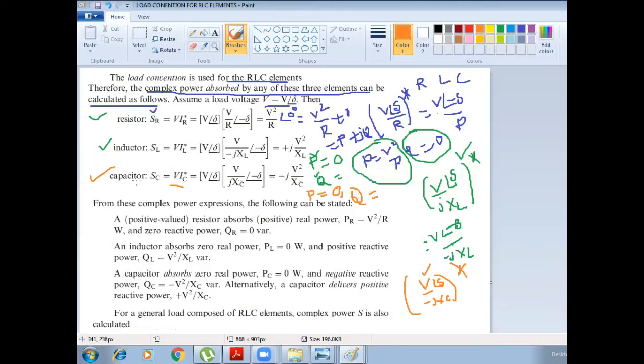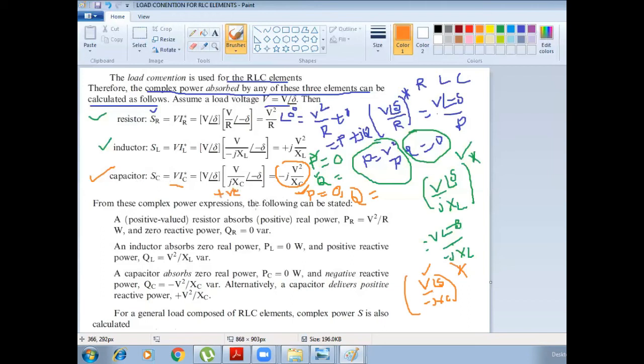Now we can say from this, a capacitor absorbs zero real power, and it will absorb the negative reactive power. Or alternatively we can say that a capacitor delivers the positive reactive power.